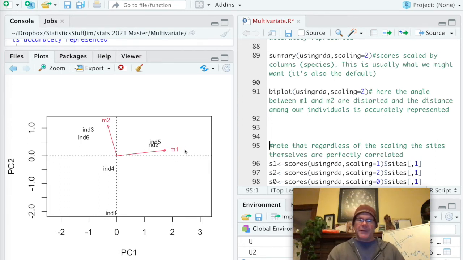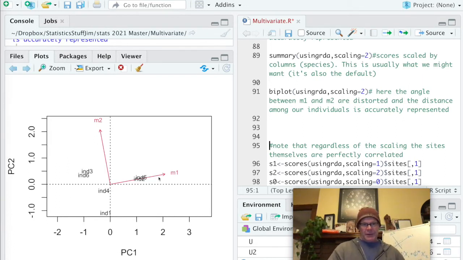But we can't necessarily trust the angle between the relative importance of M1 and M2 on either PC1 or PC2. Okay? And in our case here, that angle difference is very, very subtle. And you really don't appreciate the magnitude of the length of those arrows.